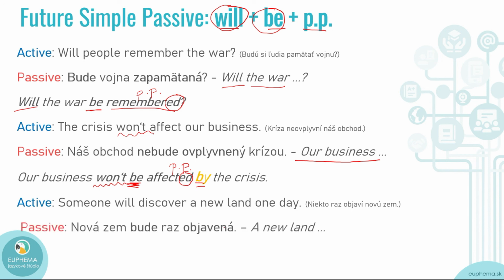Passive, a new land. Make the passive sentence. A new land will be discovered one day. It's a prediction, so will plus be plus past participle of the verb discover, again, regular, so only ed.